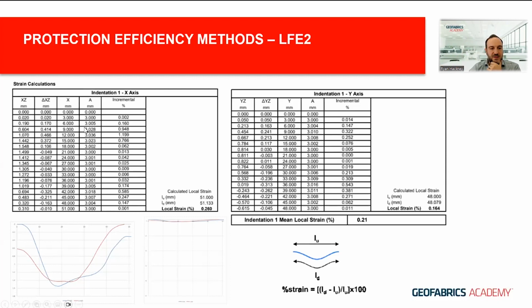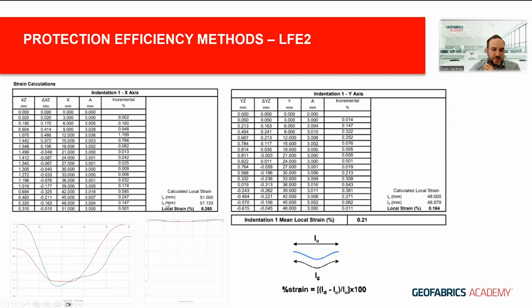So we can then use these numbers to calculate incremental strain. At each 3 millimeter point, you have these incremental strains that are calculated, and then the summation of X gives you the LU. So we've got an undeformed length of 51 millimeters.